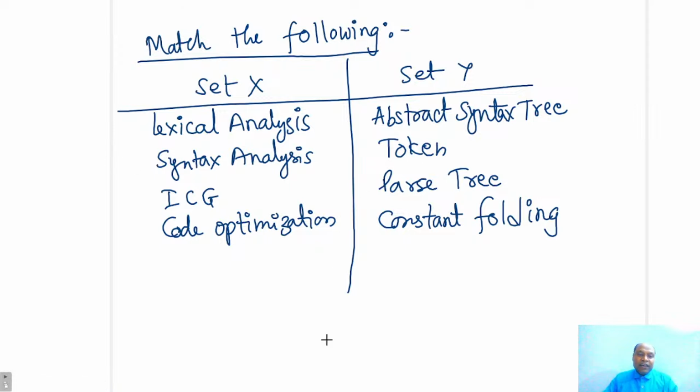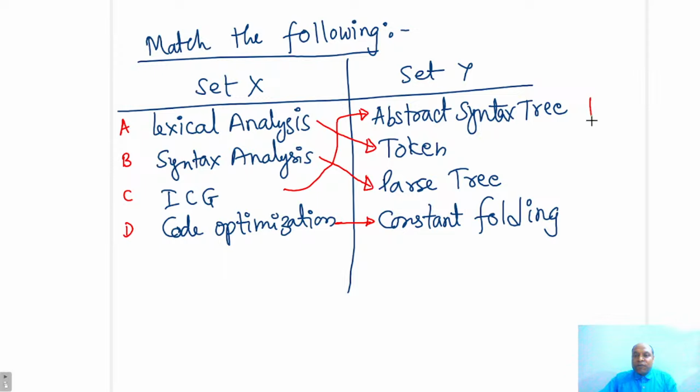Now we need to match this question. The output of the lexical analyzer is token. The output of the syntax analysis is parse tree. The output of the intermediate code generator is abstract syntax tree, and code optimization is for constant folding.